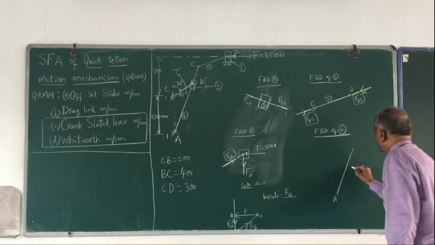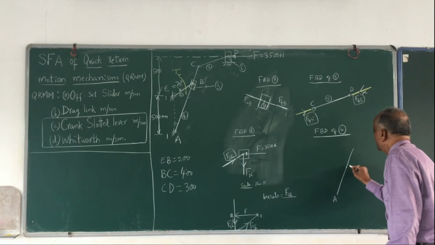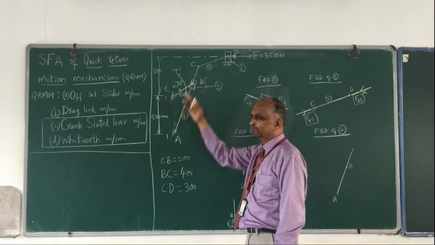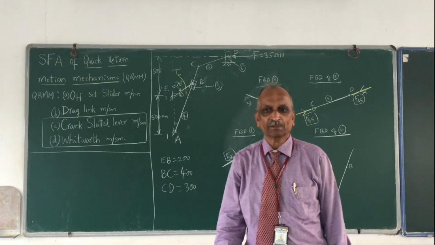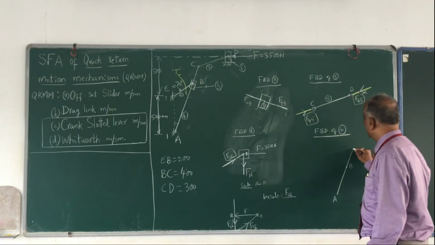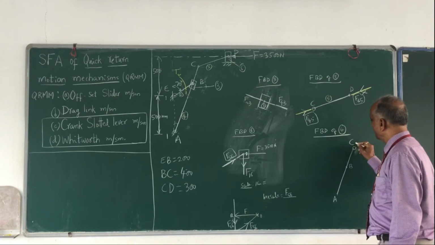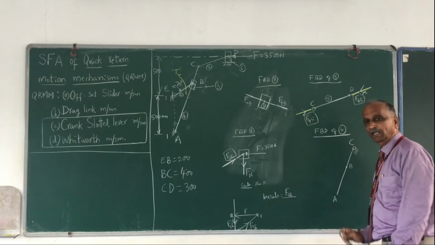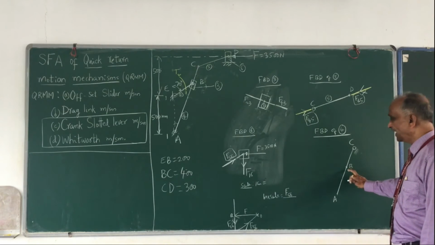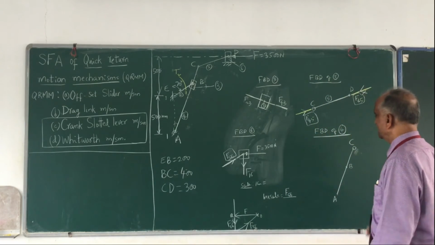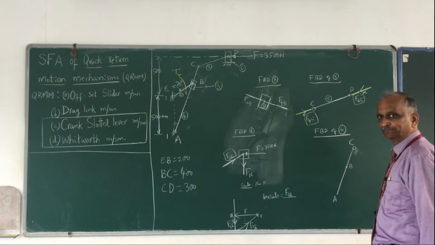This is your A, and somewhere here B. You don't know the length between A and B, you can actually measure it in your configuration diagram and come to know. And this is your C. Here you have a turning pair. Okay, B and A. Please remember, at B you don't have a turning pair. It is a connection between 3 and 4.